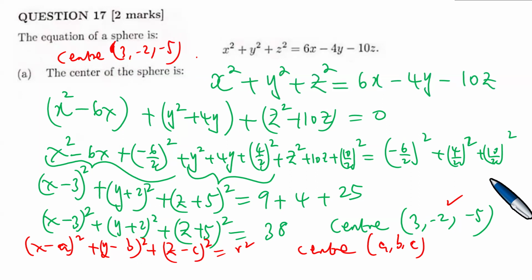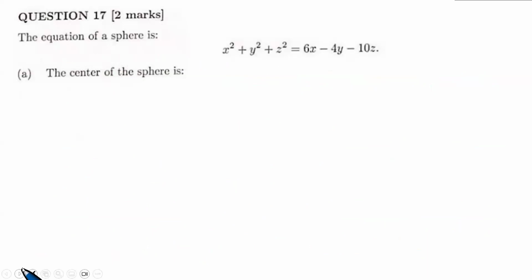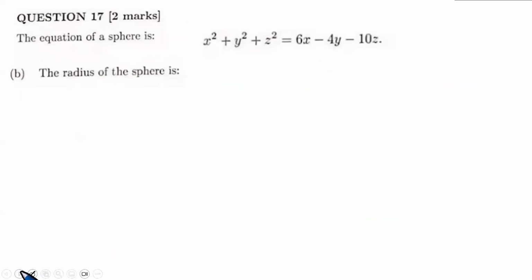Remember that the recording is going to be sent to you. The next point. What is the radius? The radius of this sphere is what? Please find the radius quickly.